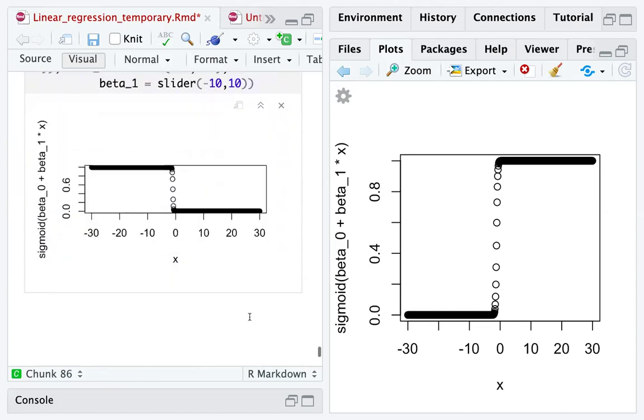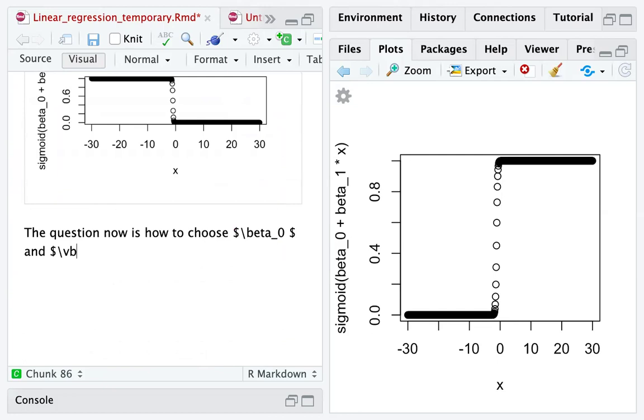Now the question is how to choose beta 0 and beta 1. I have written it in the notes, so if you're interested, you can read them.